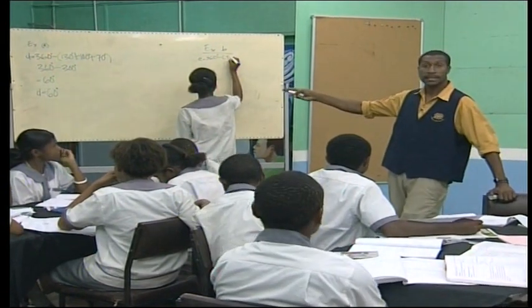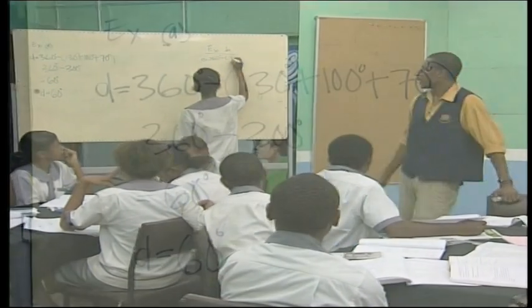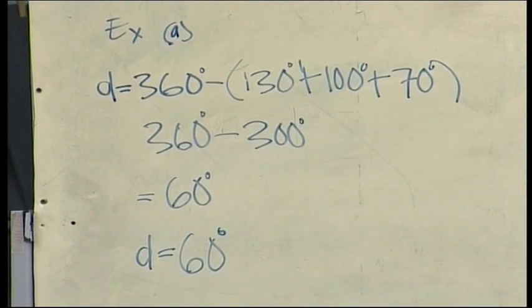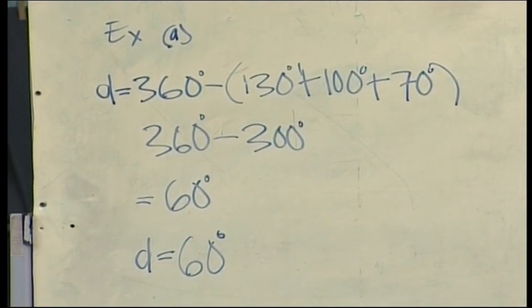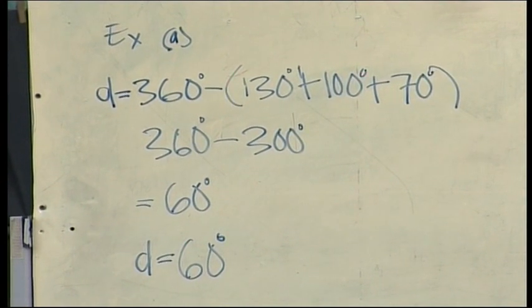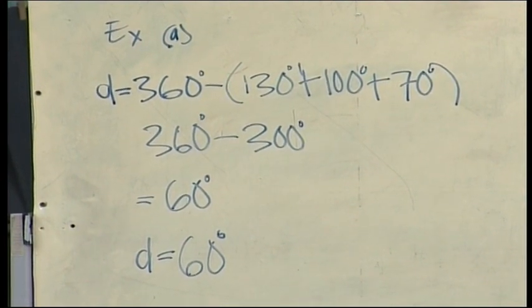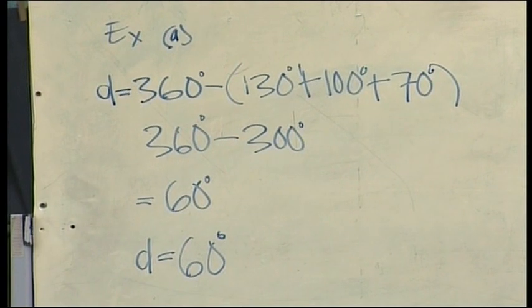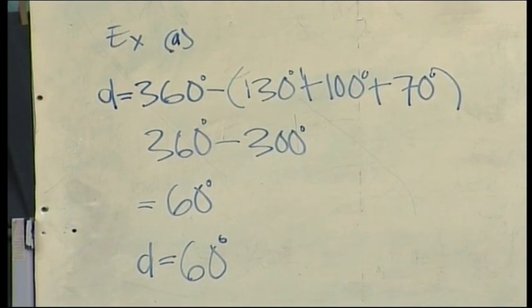Now, receiving students and 7s, we have exercise A, solution given or answer given. D equals 60 degrees. Okay, you can see the working out. Shannon has written the working out from step 1 to the last step, which is the final answer.